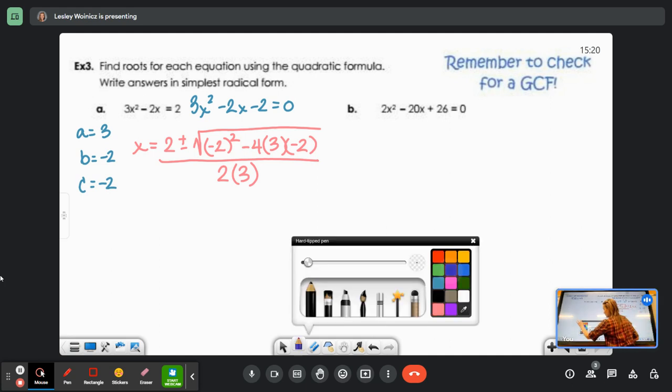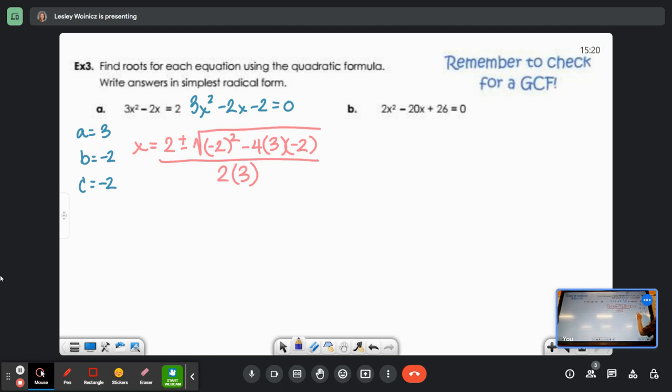So under the radical, it all simplifies to 28. So you should have x equals 2 plus or minus the square root of 28, the whole thing over 2 times 3. Can we leave the 2 and the 3 just multiplied together without simplifying to 6? Just write it as 2 times 3 still for now. You'll see why in a little bit.